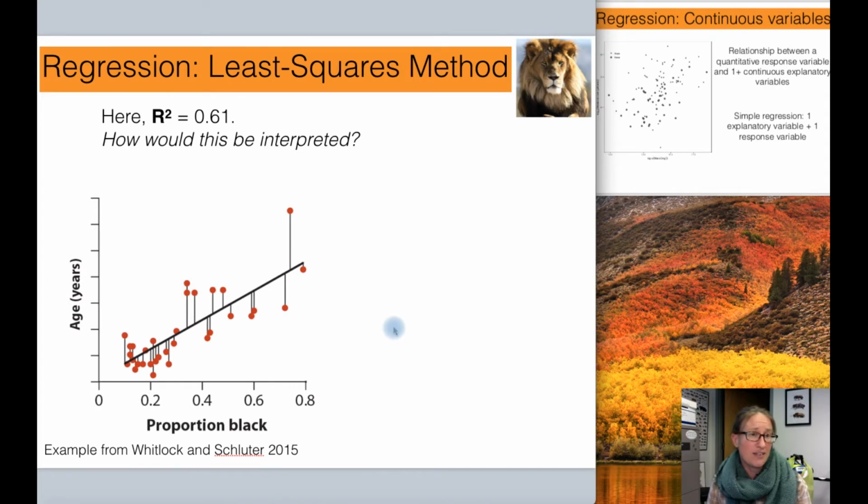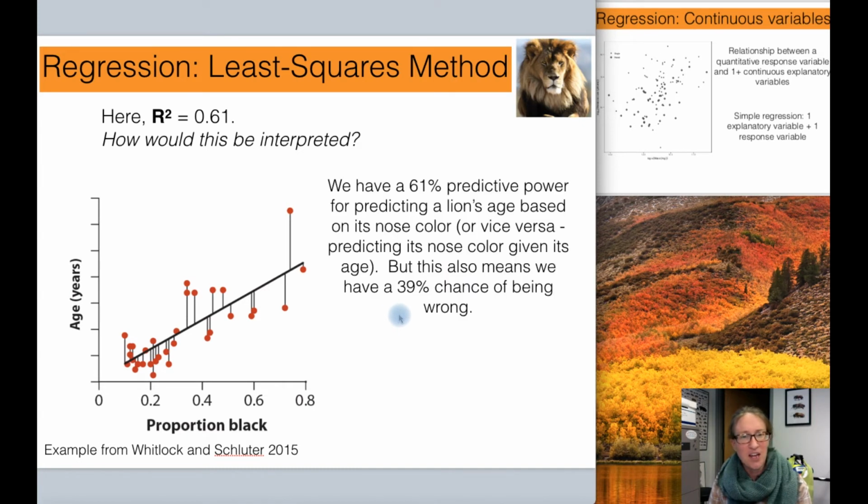So for this particular example, the R-squared value is actually 0.61. So, how would you interpret that R-squared value? Just to reiterate the point here, I'd say it means we have a 61% predictive power for predicting a lion's age based on its nose color, or vice versa, predicting its nose color based on its age. But we can also keep in mind that we have a 39% chance of being wrong.